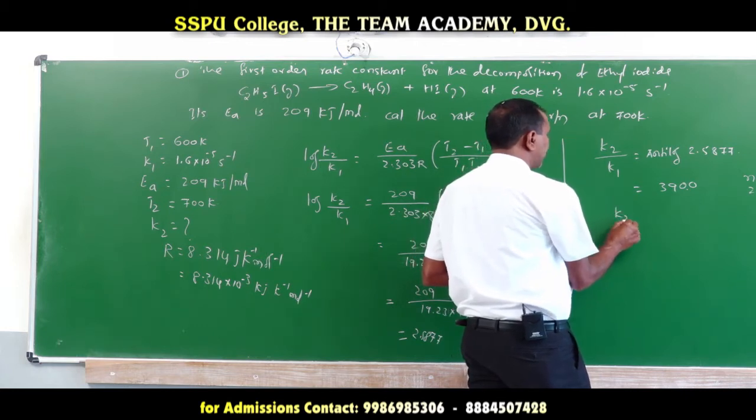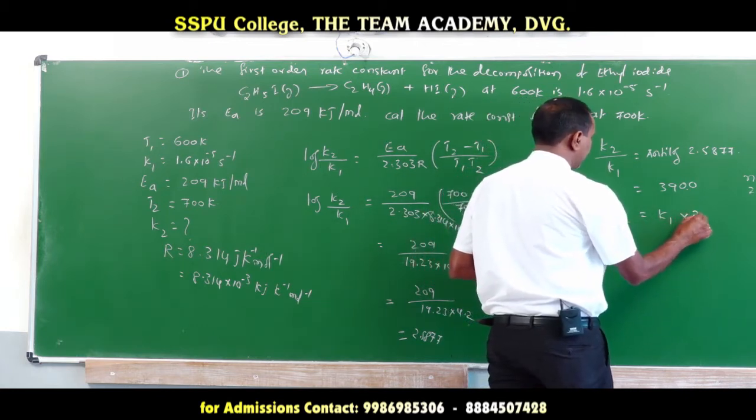So how to find out K2? K2 is equal to K1 into 390.